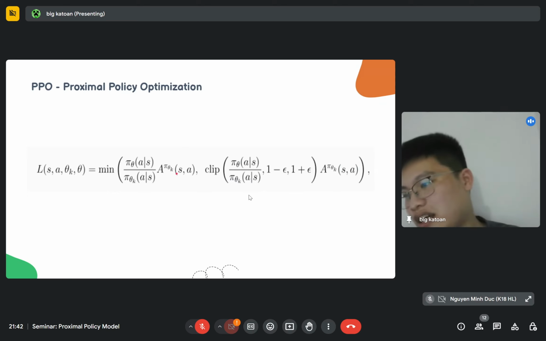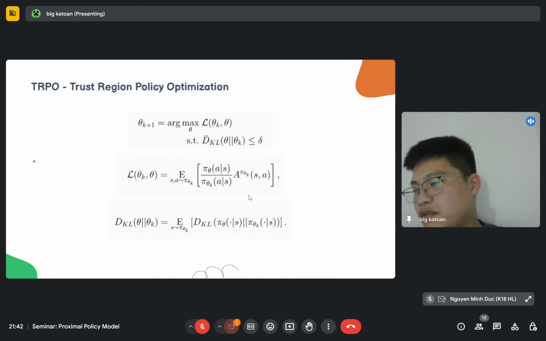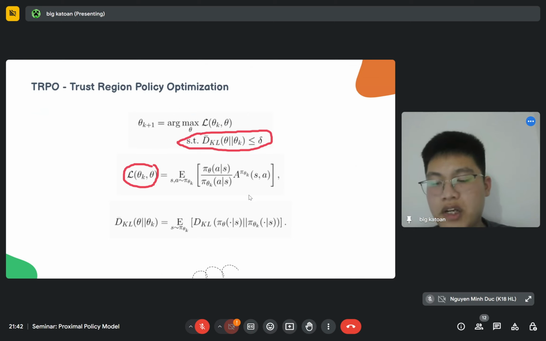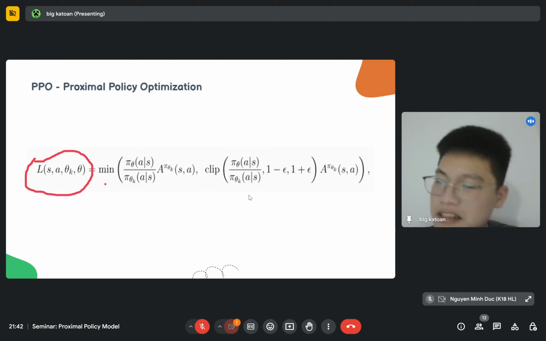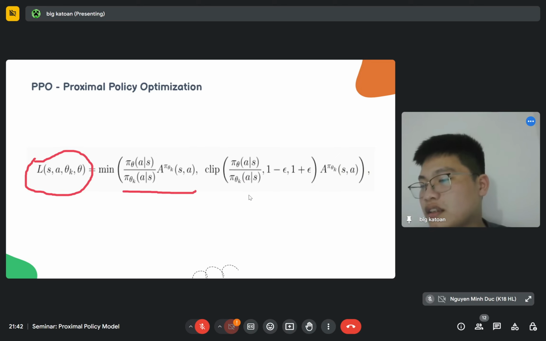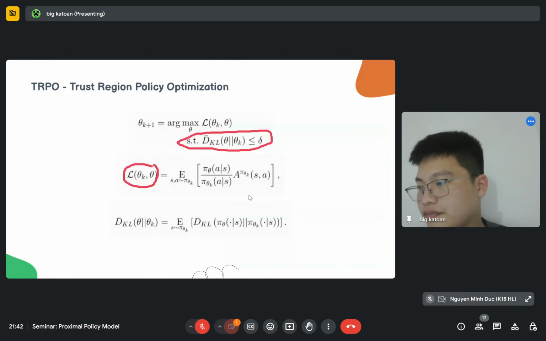Okay, it's changed a little bit, and the difference is just about the loss function. When you see over here, this is the loss function, right? It still has the DKL, but actually they can move the DKL into the loss function as k theta k and theta, by setting it as the mean of the loss function.